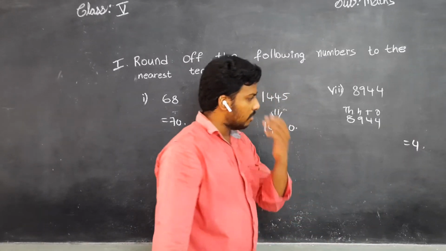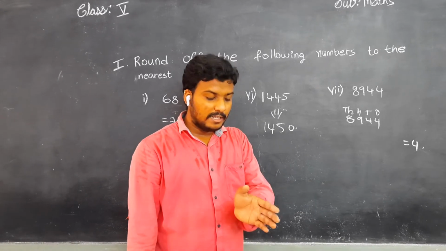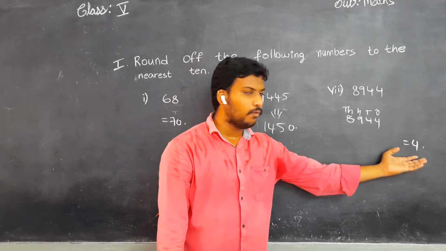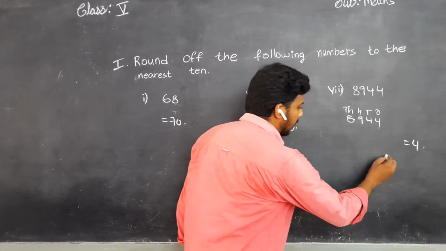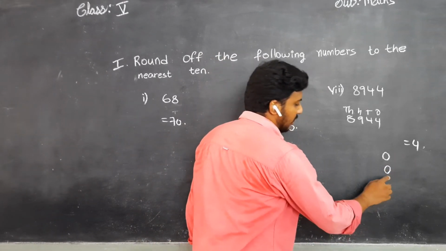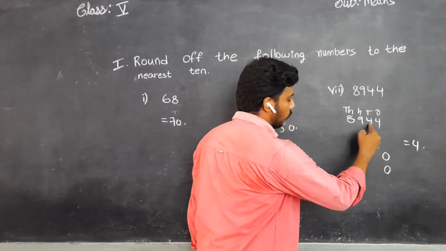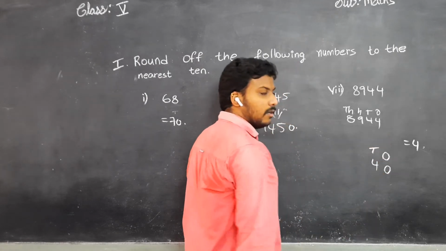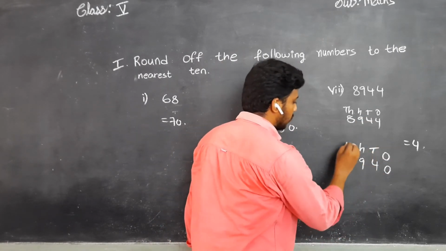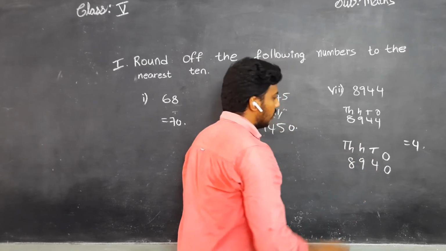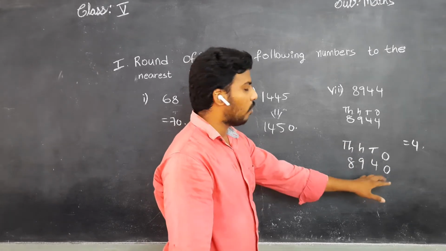I already said if the value in the ones place is less than 5, and here 4 is less than 5, you keep simply 0 in the ones place. In the place of tens, the value is 4, so directly you keep 4 here. And the remaining numbers: 9 in the hundreds place, 8 in the thousands place. Understand, children? The round off value of 8944 is 8940.